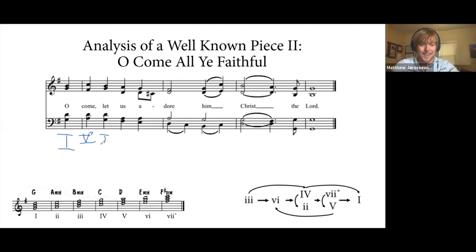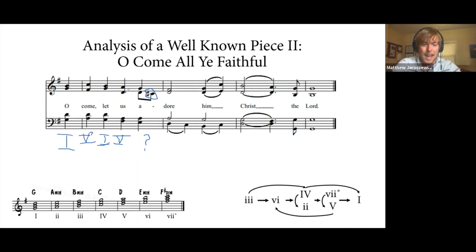That's what I meant to say. 1 goes back to 5. 5 here goes to this strange sonority here where we once again have a C sharp. That'll be our question mark for now.